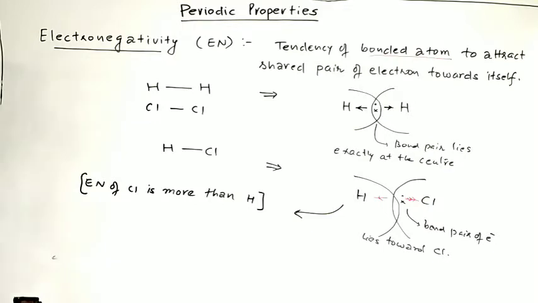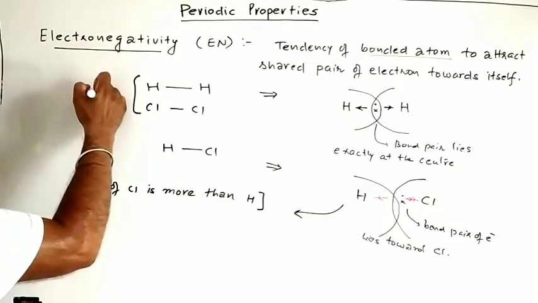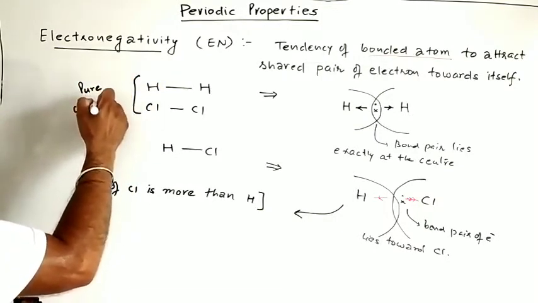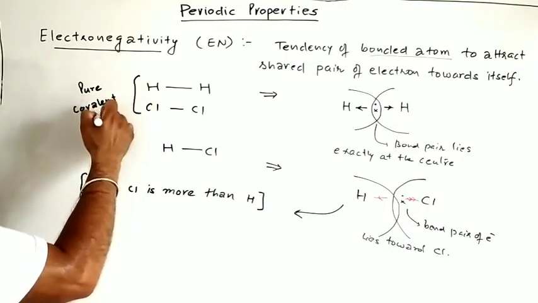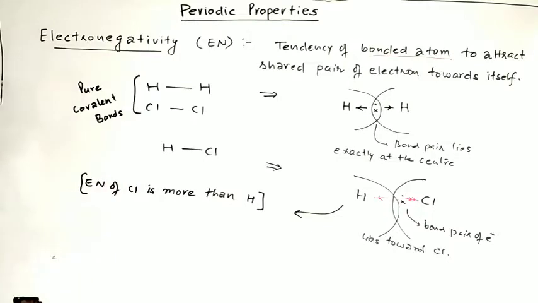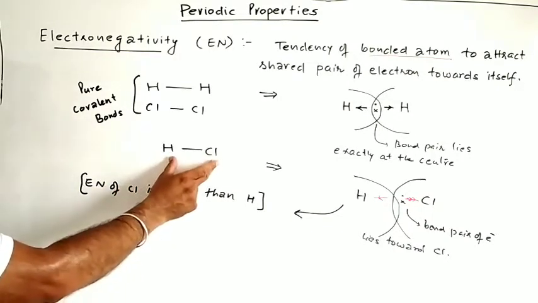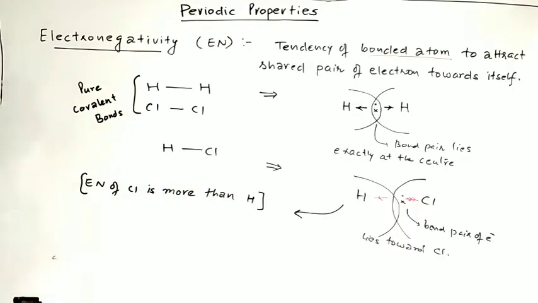So when the bond is formed between two similar atoms like hydrogen-hydrogen or chlorine-chlorine, there is no charge on any atom. Both are neutral. This you can say is a pure covalent bond.